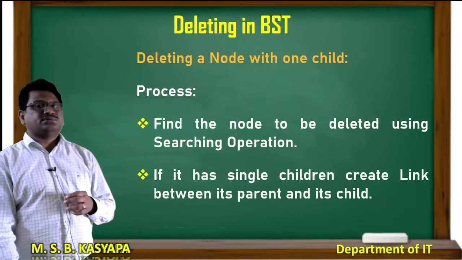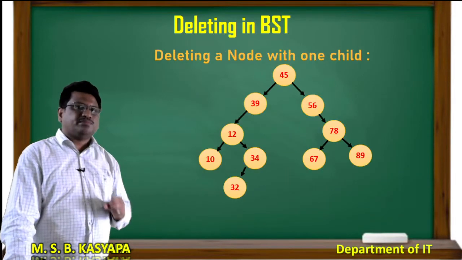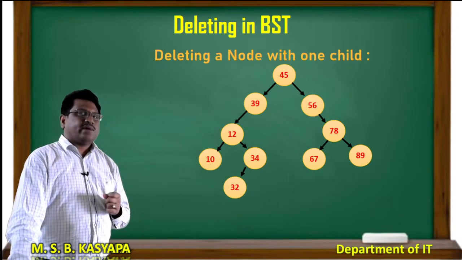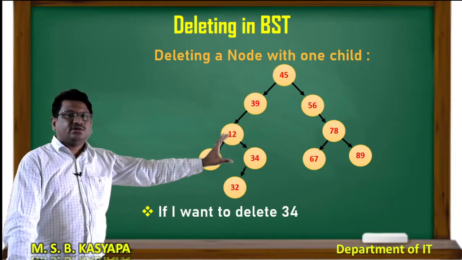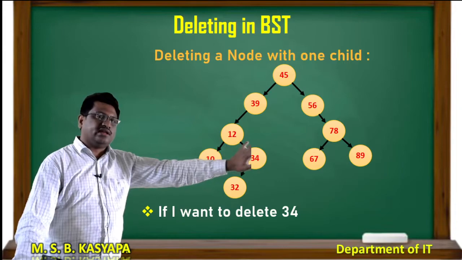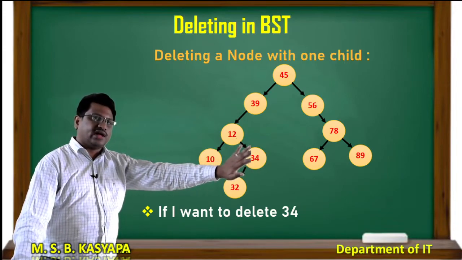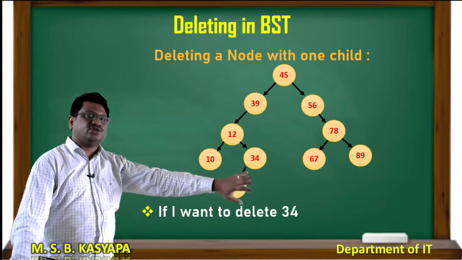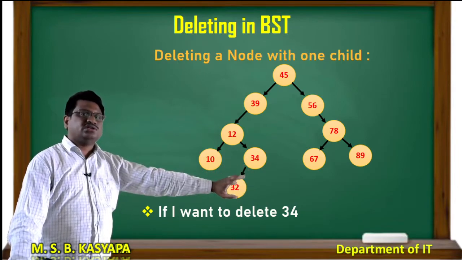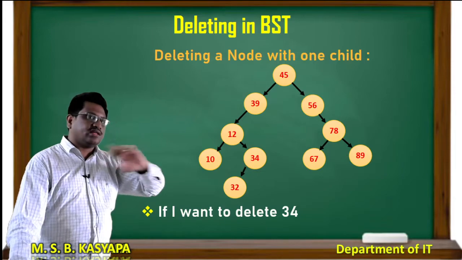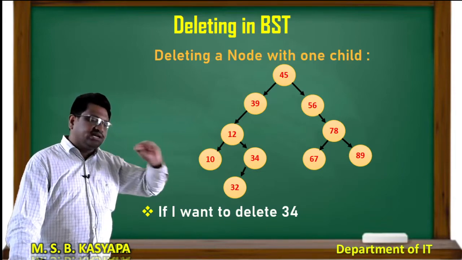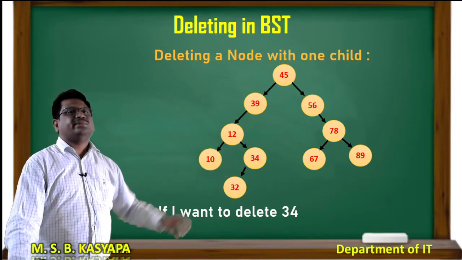So, for suppose this is my binary tree, and I want to delete 34. If I delete 34 directly like this, then what will happen? The 32 will be left alone. It is not considered a node in the BST. If I simply delete 34 without any other operations, it will become a problem.